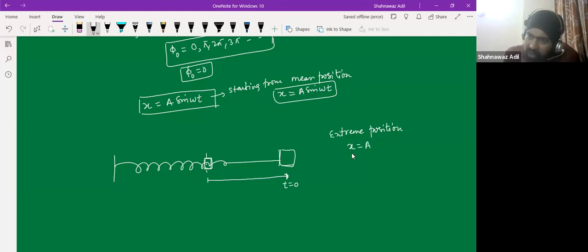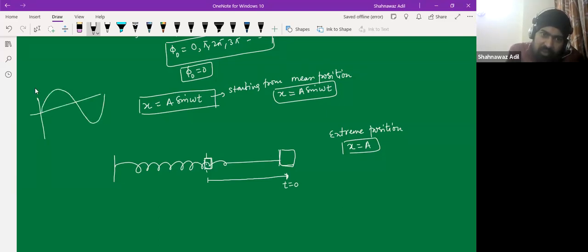If you remember the graph of sine theta, this is called the extreme value, and for our case, this is a. So at x equals to a, this is the extreme position. So the object is starting from extreme position.